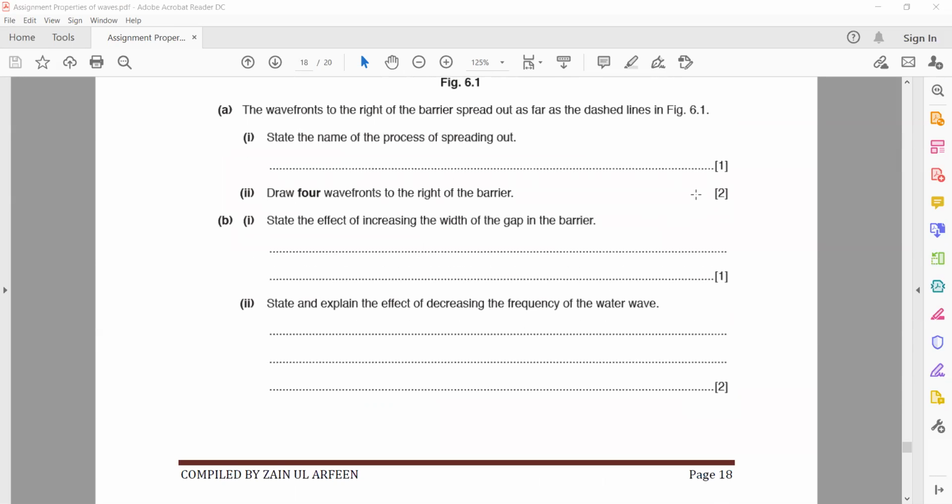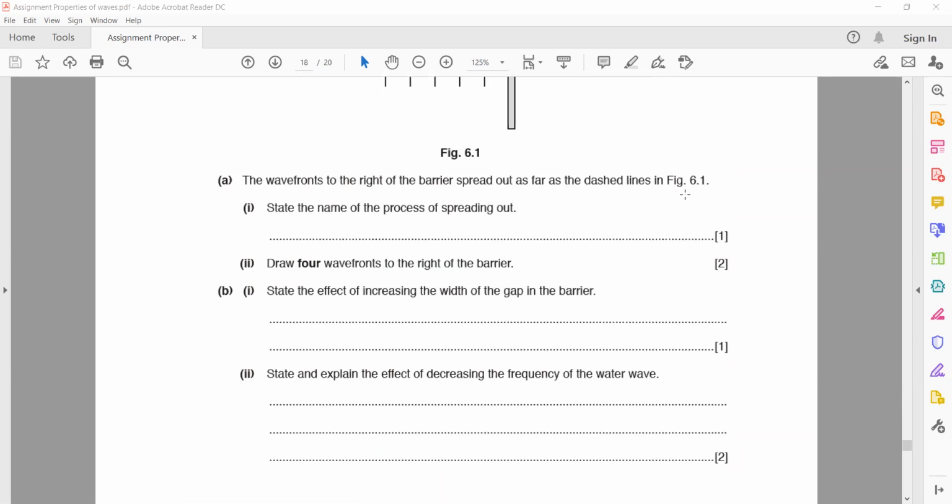State the effect of increasing the width of a gap in the barrier.